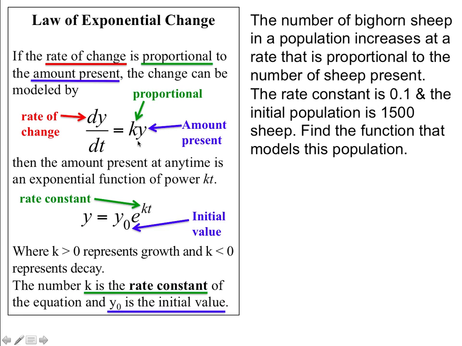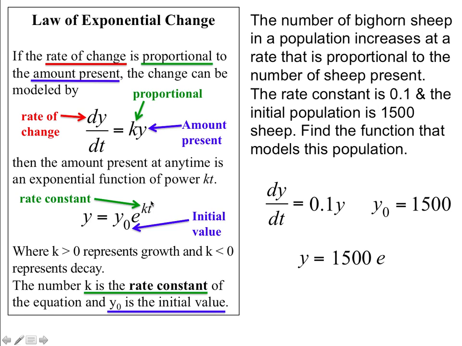The differential equation is dy/dt equals ky, where k is the rate constant, so this is 0.1 or 1/10 times y. The function itself, knowing the initial value is 1,500, is 1,500 times e raised to the constant times time, so 1/10 times t.